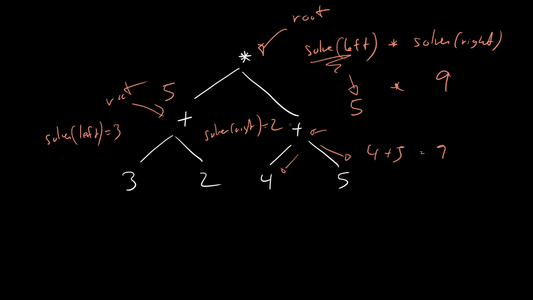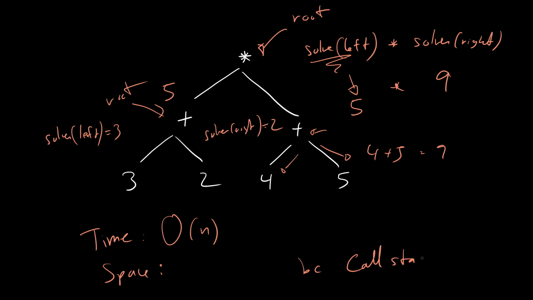Now let's talk about the time complexity. The time complexity of this is O of n, because you have to go through all the nodes anyway, and there are n nodes. What about space? Because we do recursion, we have something called a call stack. What's the maximum depth you can go?